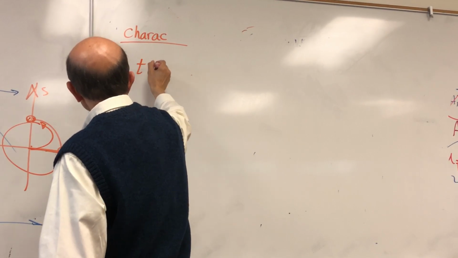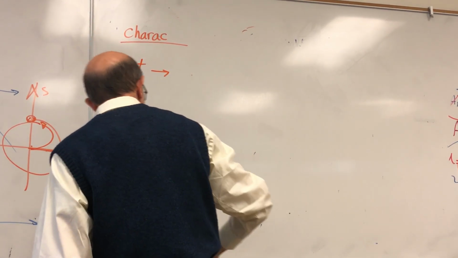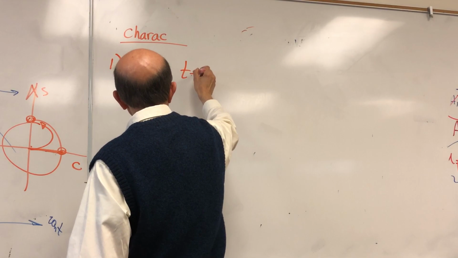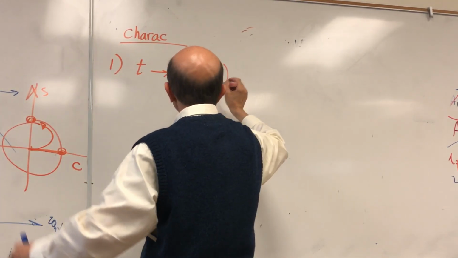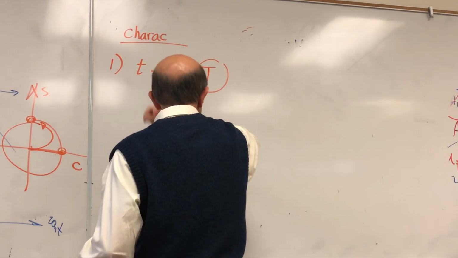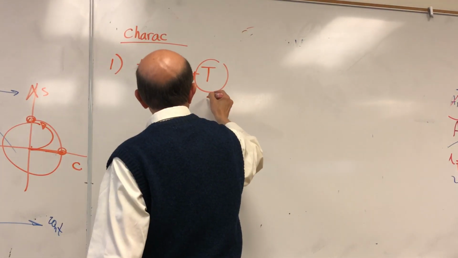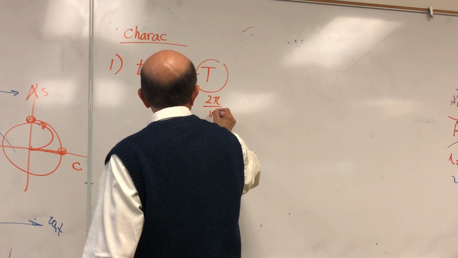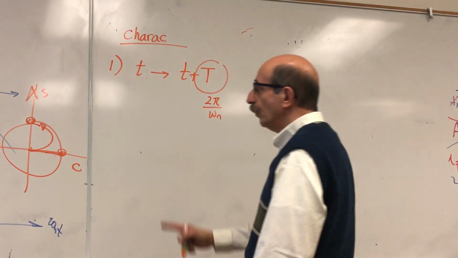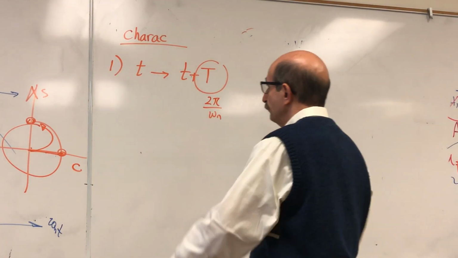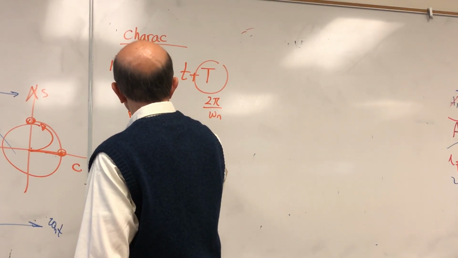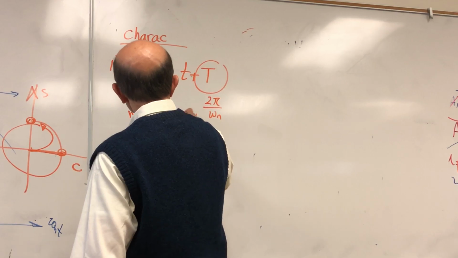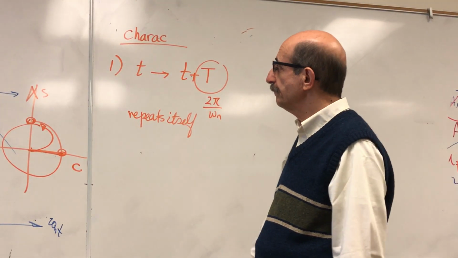Number 1, at every t, going to t plus T, where T is of course 2 pi over omega n, this motion repeats itself. That's the meaning of a harmonic motion.